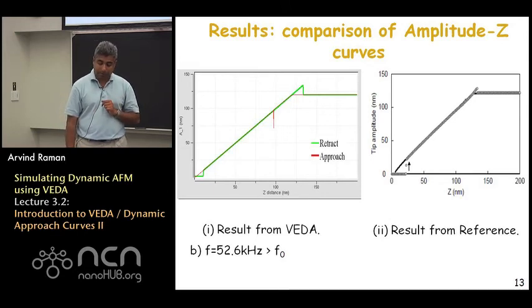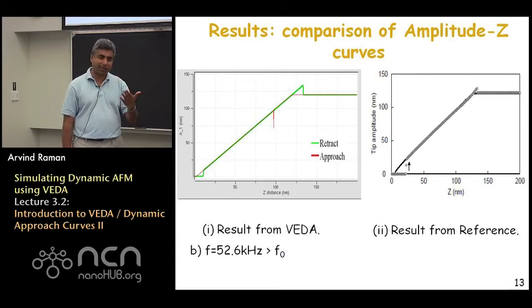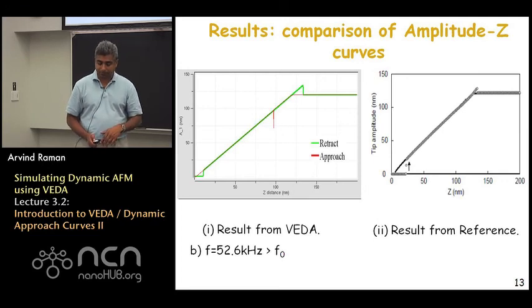I just want to note that in the simulation on the left, the approach is the red curve, and it shows a bit of a spike at the point where Z is approximately 100 nanometers or so. That corresponds to an interesting transition that might have happened in the simulations, as one maybe intermittently jumped to a repulsive regime and then came back to the attractive regime, or vice versa. But on the whole, the trends and the points where the jumps occur are captured very well.